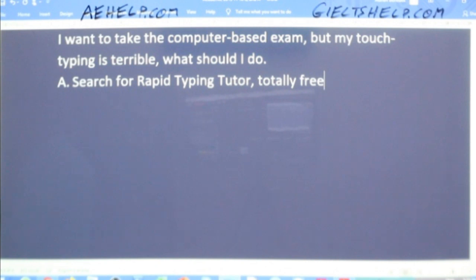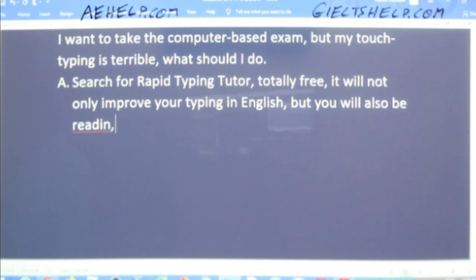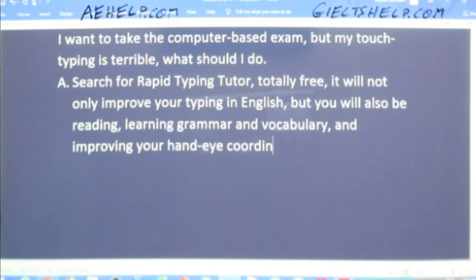So search for Rapid Typing Tutor. It's totally free. It will not only improve your typing in English, but you will also be reading, learning grammar, and vocabulary, and improving your hand-eye coordination.